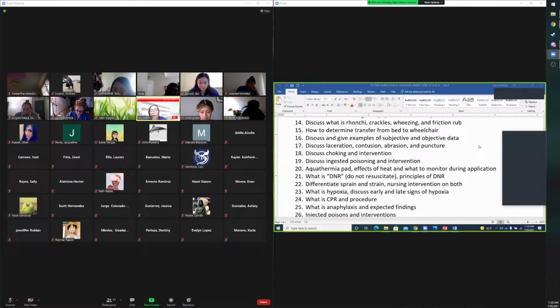Aquathermia, guys, is both cold and heat. But we are more concerned of heat because heat can cause you burns. The cold, if it's systemic, causes shivering. But we are more concerned of the heat.